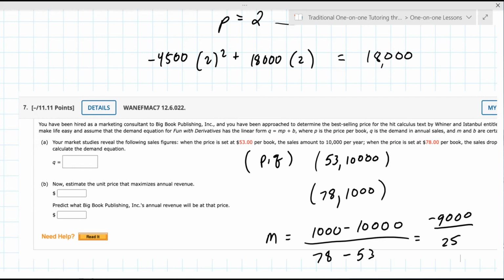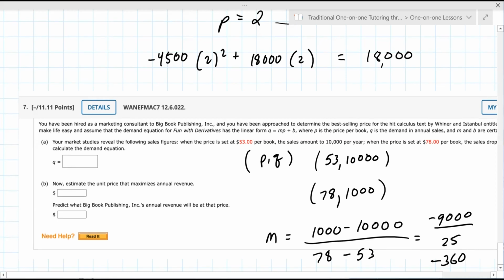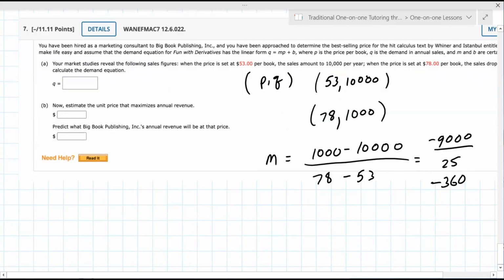Negative 360, I got. Yeah, it sounds right. Okay, so now use either equation, but it's Q equals minus 360 P plus B. It doesn't matter. I'm going to use the second point. 1,000 equals minus 360 times 78 plus B.